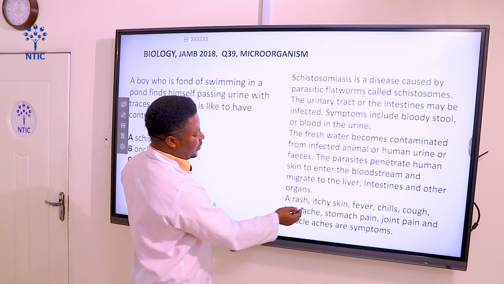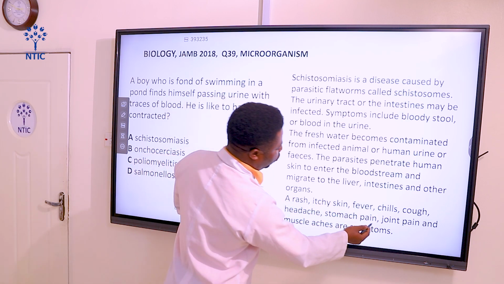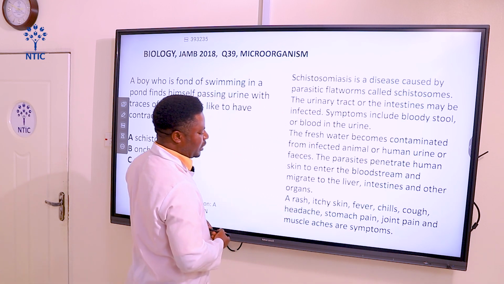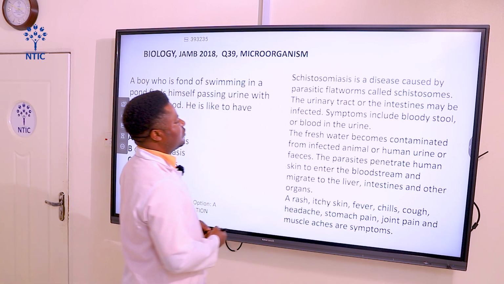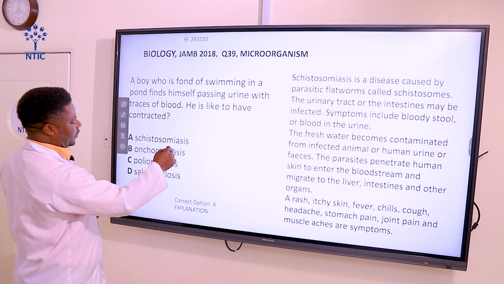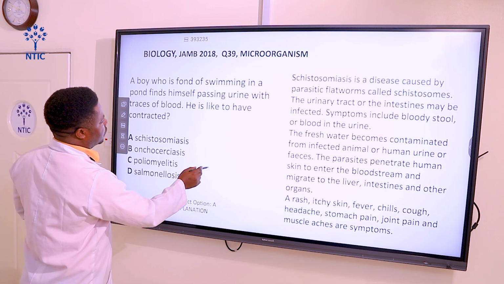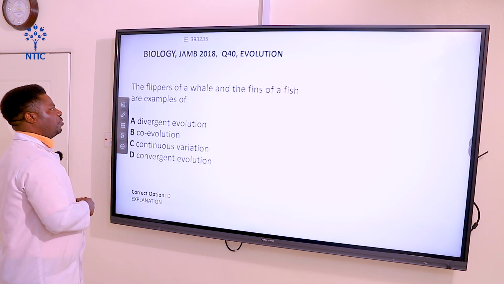A rash, itchy skin, fever, chills, cough, headache, stomach pain, joint pain, and muscle aches are symptoms that ensue after the infection. So the correct answer to this is A, which is schistosomiasis.